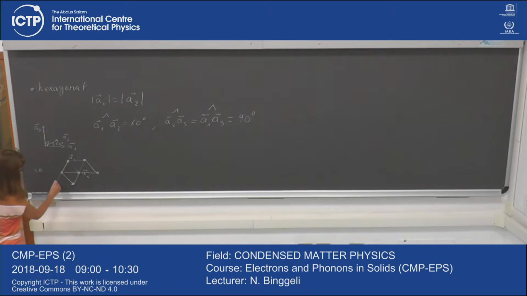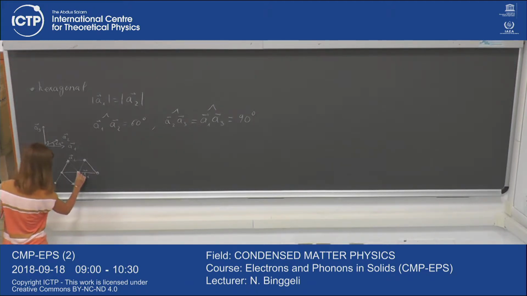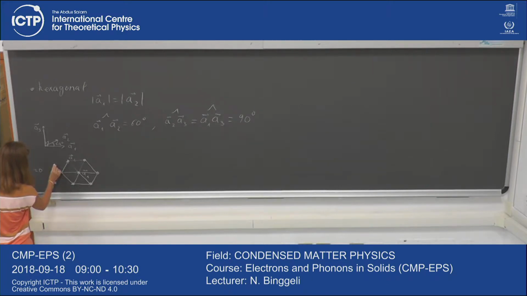So this would be, for instance, minus A2 plus A1, and so on. And from here I can have minus this vector going here, and so on.